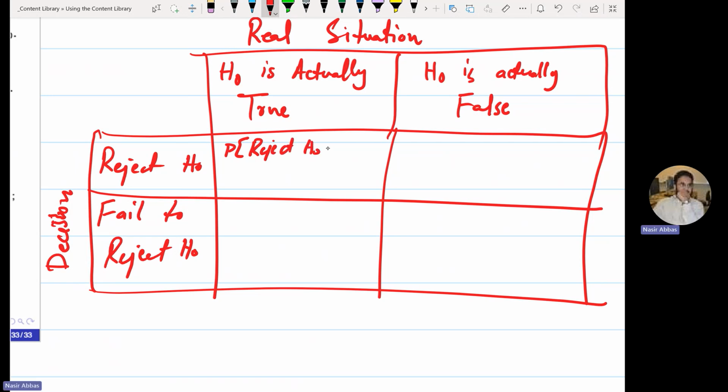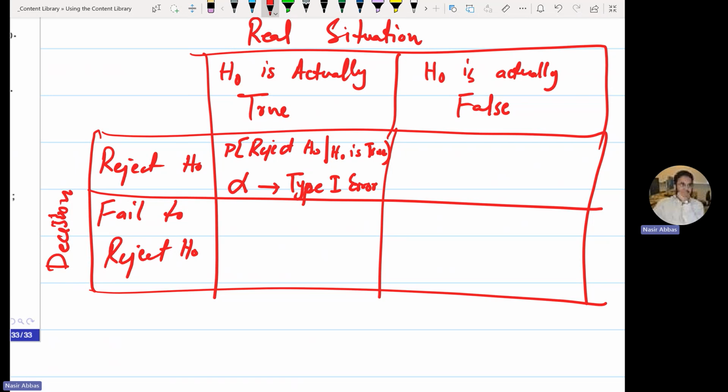Reject H0 given H0 was true. Is that a correct decision? That H0 was true, but you rejected it. It's an error. What is the type of this error? Alpha is what we call type 1 error.